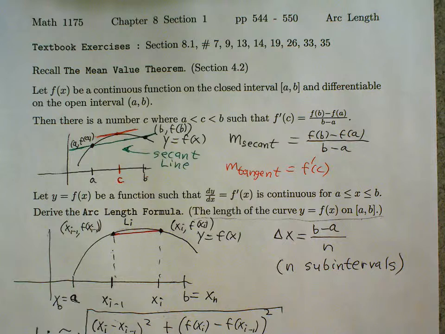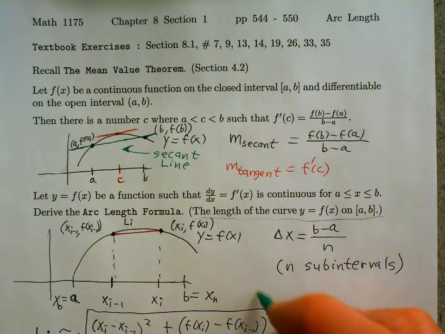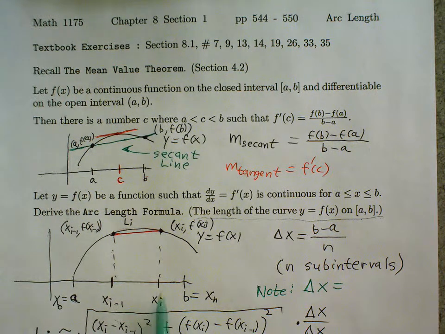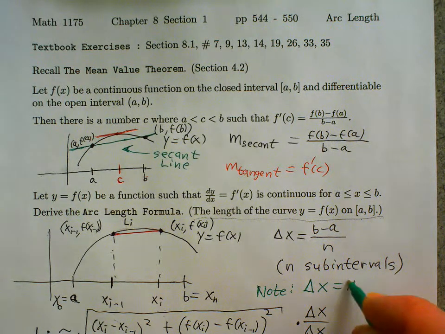Okay, we're going to multiply L sub I by 1. And the form that 1 takes is delta x divided by delta x, where delta x is the length of each subinterval. And make a note that delta x is equal to x sub I minus x sub I minus 1, because it's the length of each subinterval.